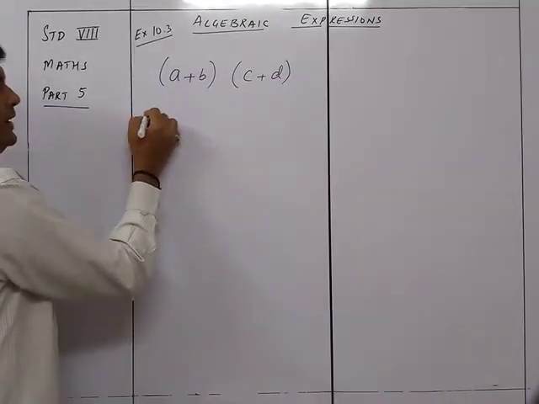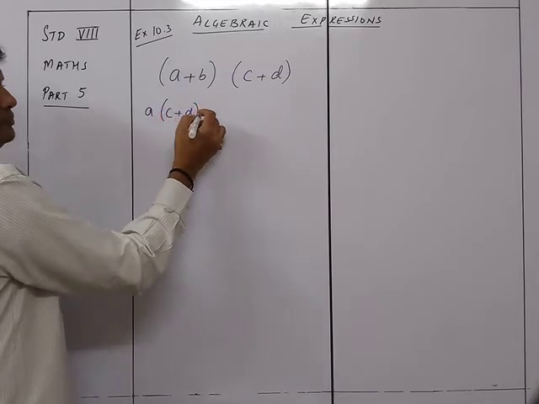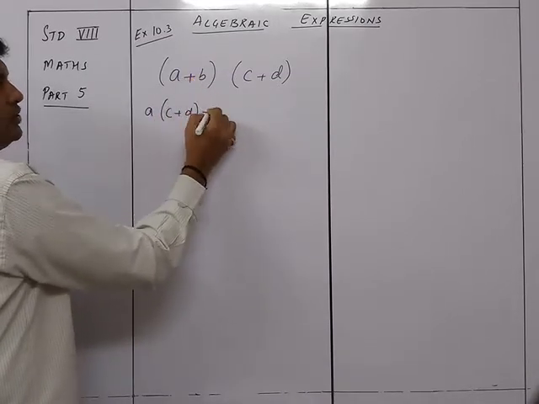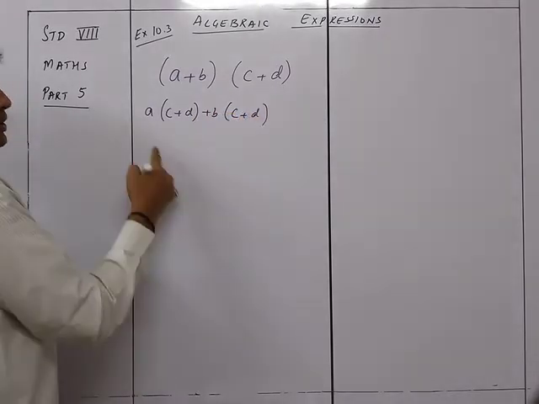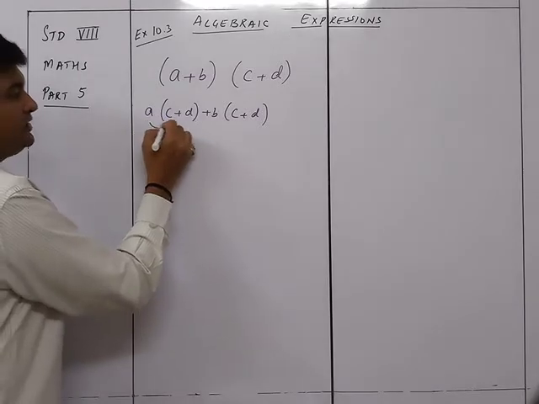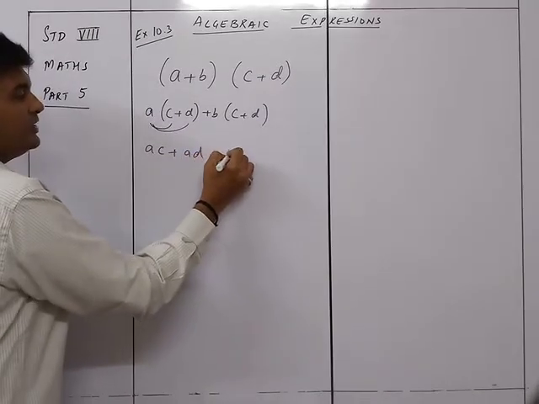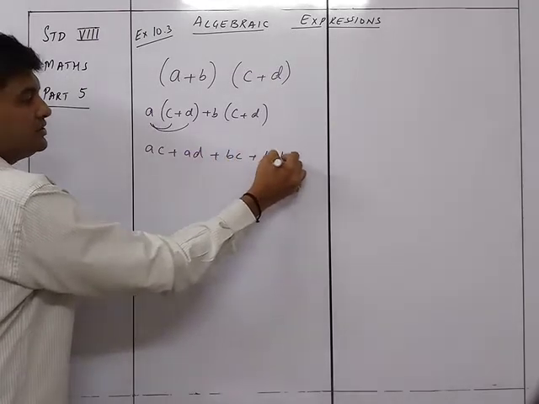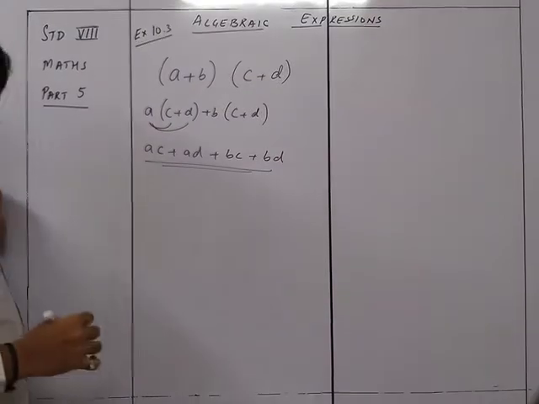So it will be A into bracket C plus D, plus B into bracket C plus D. Now this becomes a monomial into binomial. So again it will be A into C and A into D, that is AC plus AD plus BC plus BD. So this is the answer for this multiplication.